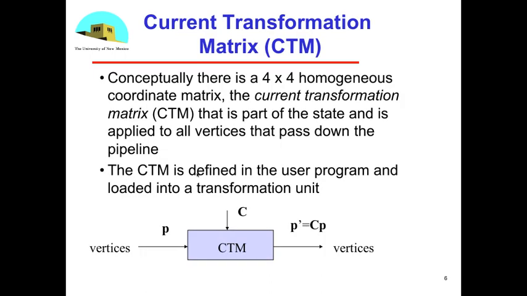So conceptually, it's a 4x4 matrix, and we can look at it from a black box point of view of saying we send the vertex in, and automatically that vertex has that transformation applied to it, producing a new vertex, and you can interpret this as being either the CPU or the GPU, but that's our basic strategy.